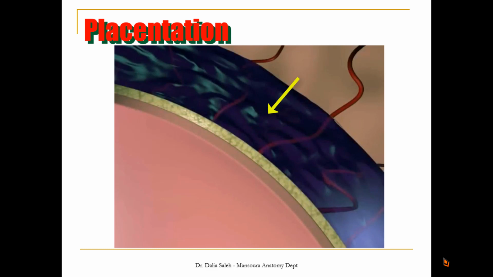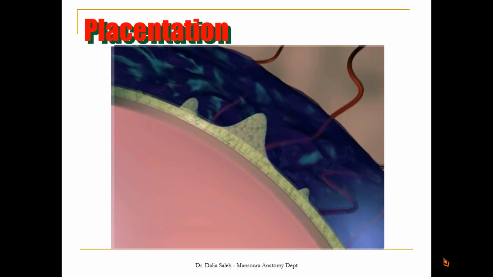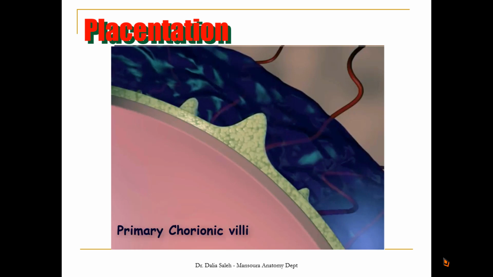This is the syncytial trophoblast. This is the cytotrophoblastic layer, and this is the extraembryonic mesoderm. So when the cytotrophoblastic layer sends finger-like projections into the syncytial trophoblast, this is the appearance of what are called primary chorionic villi.